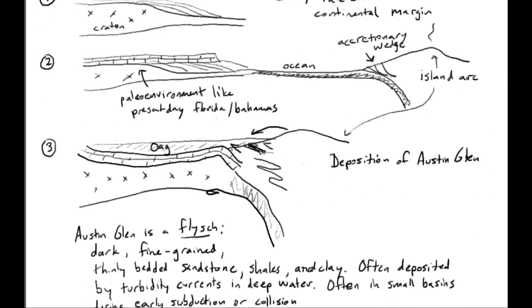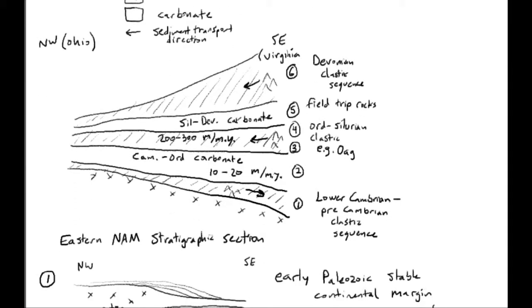So actually, let's go back to this section here, and we can add a bit to it. So in this column, we've written some of the field trip related rocks in the New York City area. These rocks are also represented.